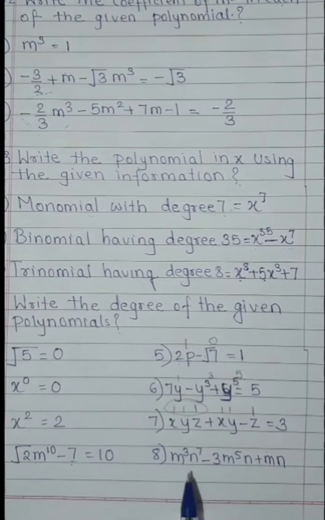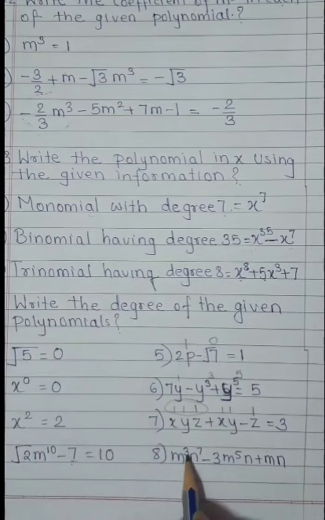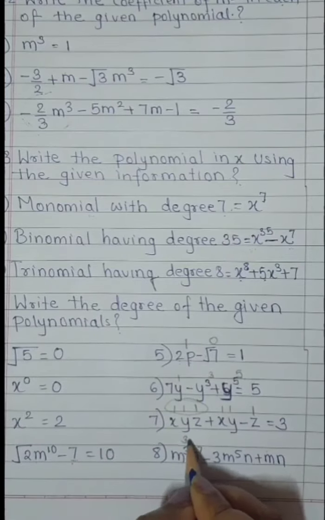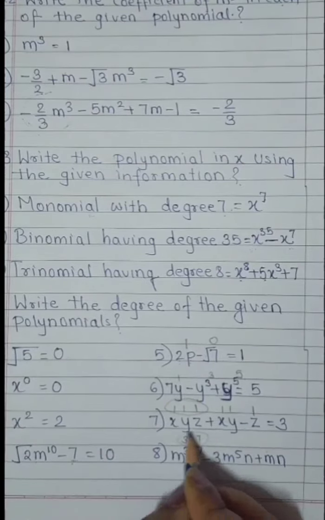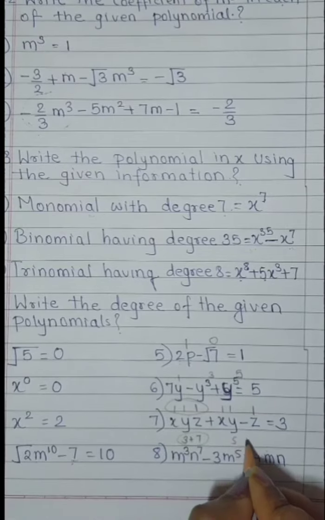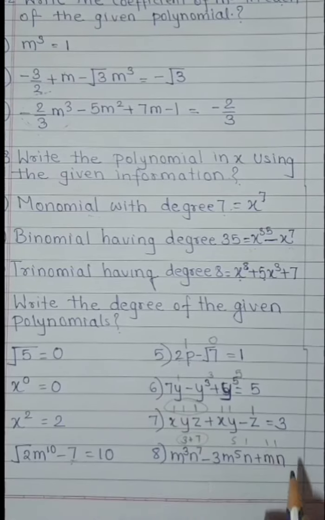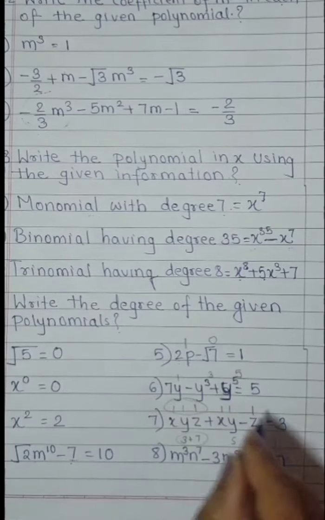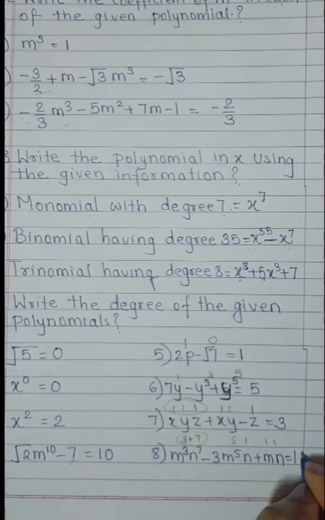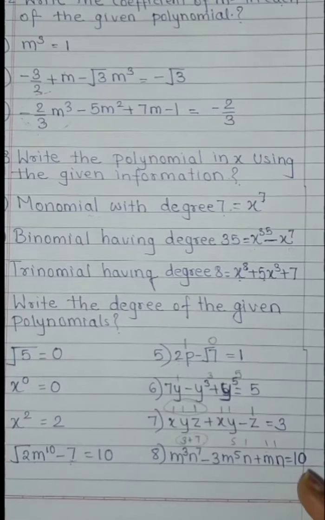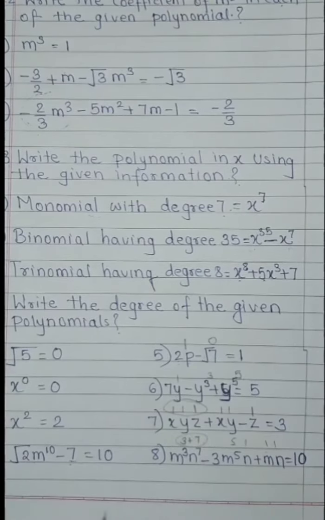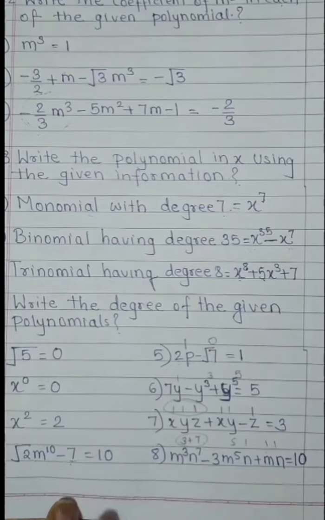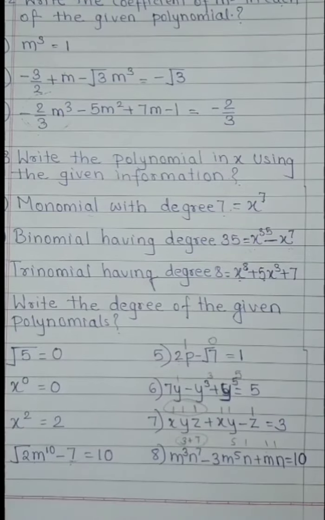Now you can see here the degree is 3 and 7, that means it is a 10. Here we have 5 and 1 degree, here 1 degree. The bigger degree is what? 10. So answer of this is the degree will be 10 here. Okay, I hope you understand what is degree here. Then we are going to move to question number 5.